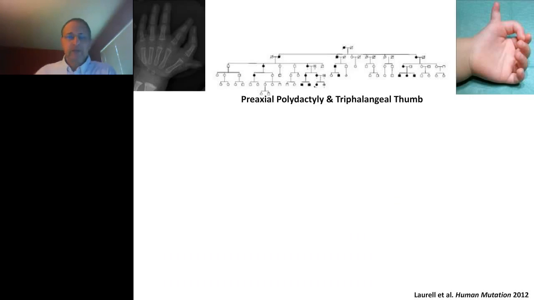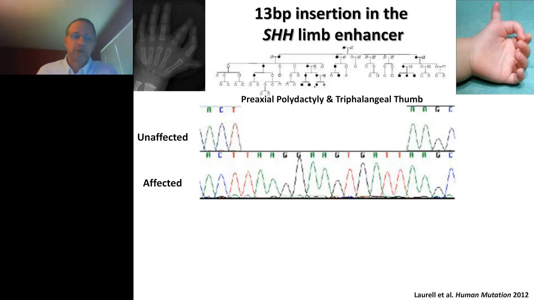So this is an example of a big Swedish family that came into our lab that had an extra finger. And so the first thing that was done was sequence this family for the sonic hedgehog limb enhancer. And when we sequenced it, because the phenotype looks similar to these other mutations that I showed you, we found a 13 base pair insertion in all the affected cases.